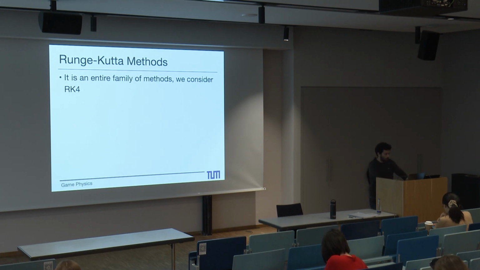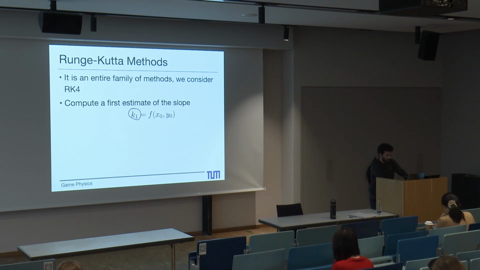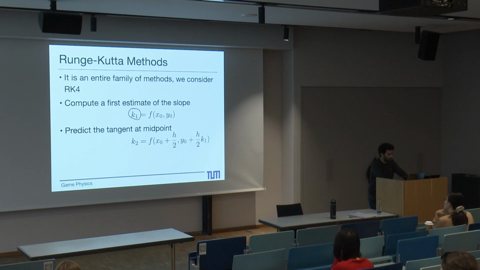What we do here is that we perform four different steps. First off, we compute an estimate of the slope, and we keep track of this value by using k plus a certain subscript in our notation. Then, using this information, we predict the tangent at the midpoint.